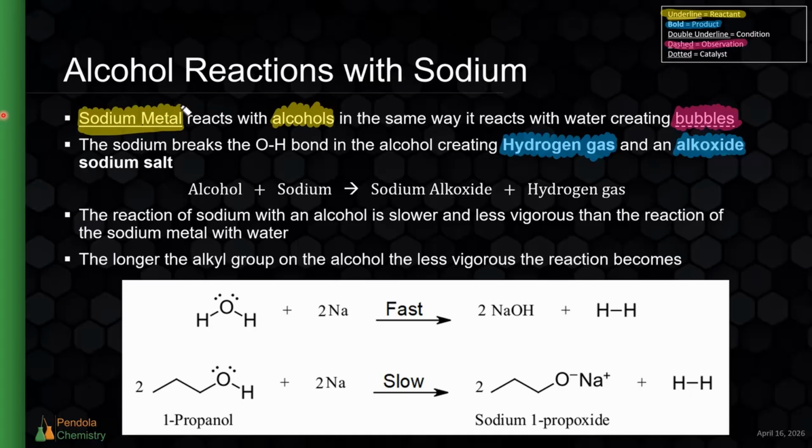So, sodium metal plus alcohol creates hydrogen gas plus an alkoxide ion, sodium salt. So I'm trying to highlight the part here at the bottom. And then we will see hydrogen gas bubbles when this happens. So, in this reaction, what happens is the same thing that happens when water reacts with sodium metal that we saw in the inorganic chapters.